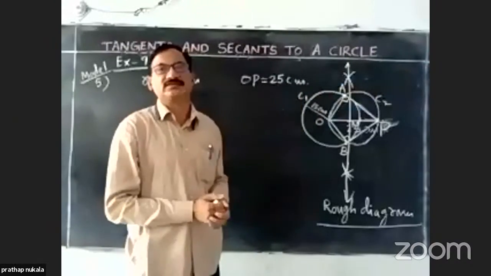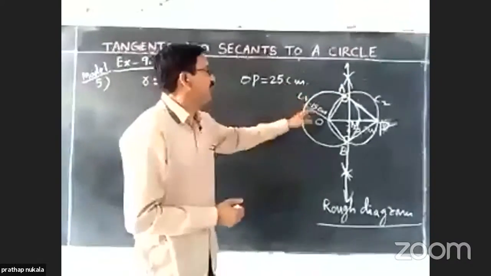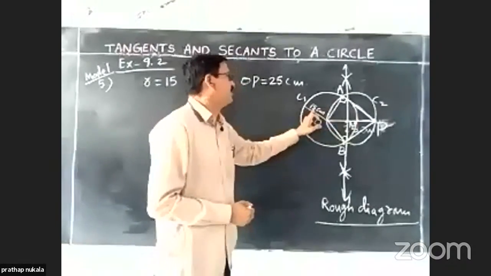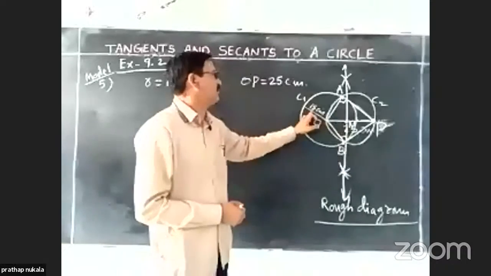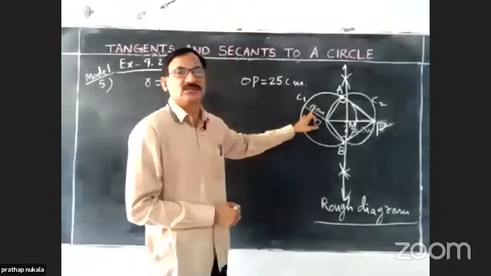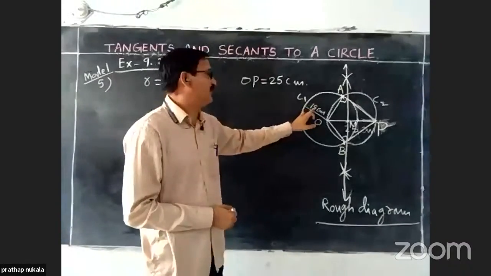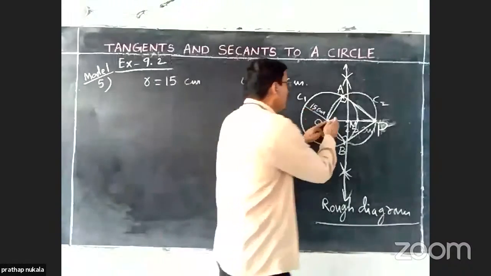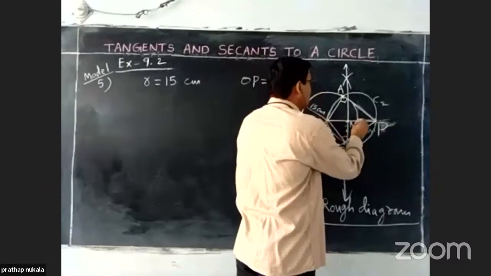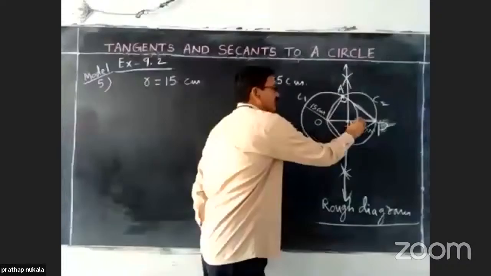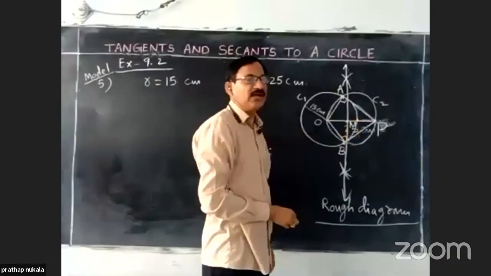That is important. Next, if OP equals double the radius, twice the radius, that means 30 centimeters, then the midpoint is exactly at 15 centimeters, on the boundary of the circle.